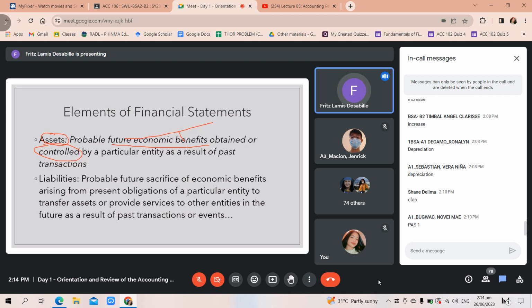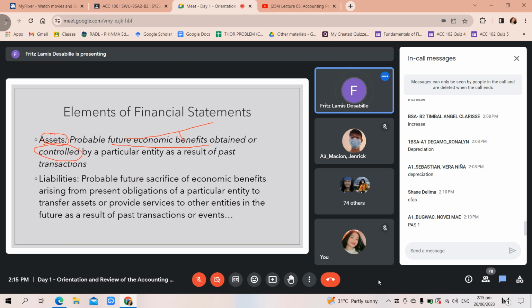Another key term for asset is controlled. Ownership does not necessarily mean we own the asset. Even if it is not ours, or even if we are not the owner, it is still our asset as long as we control it. An example is a right of use asset.